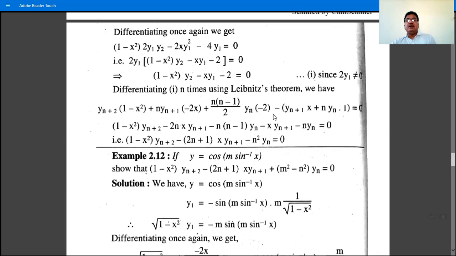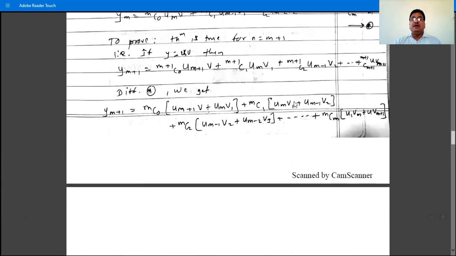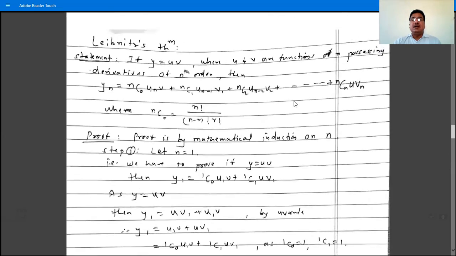Then the next term is nC2 u_{n-2} v2, and v2 means the second order derivative of x. Its first order derivative is 1, and the second order derivative of x is 0. So v2 is 0, and then all the remaining terms are 0 now. This v2 is 0, v3 is 0, v4 is 0, and therefore all the remaining terms are 0.